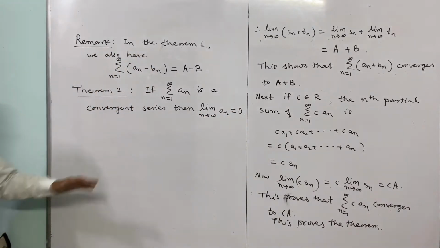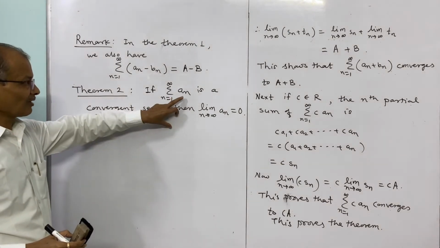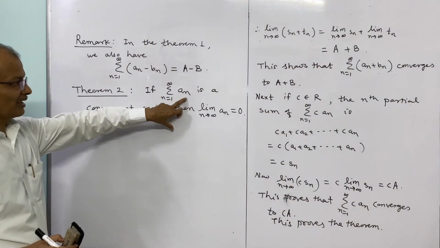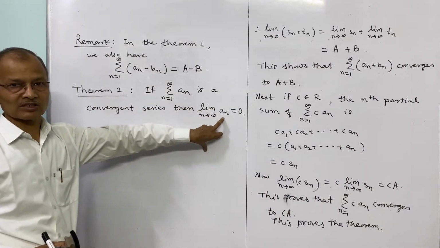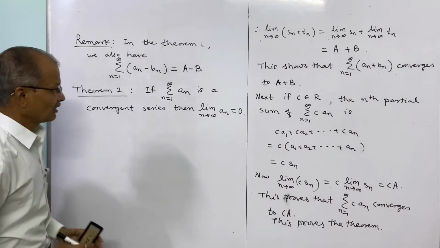So this is an important result for convergent series. If summation An is a convergent series, then the limit of its nth term must necessarily be 0. So that we have to prove.